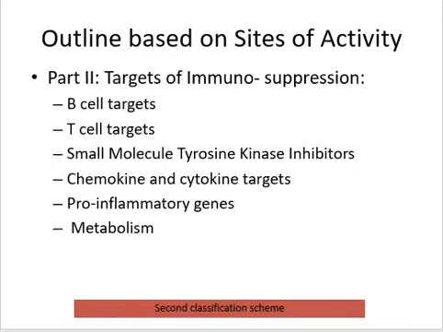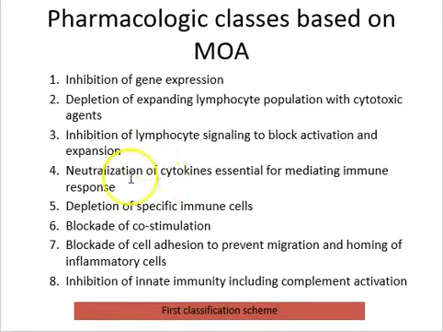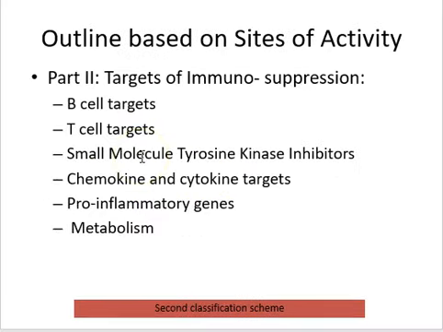How about another one? We can also look at sites of activity, and this is how I've done this particular lecture, because with these mechanistic standpoints there is actually some overlap depending on which thing you're blocking and how it works. There are a few drugs that would be in several of these classes.